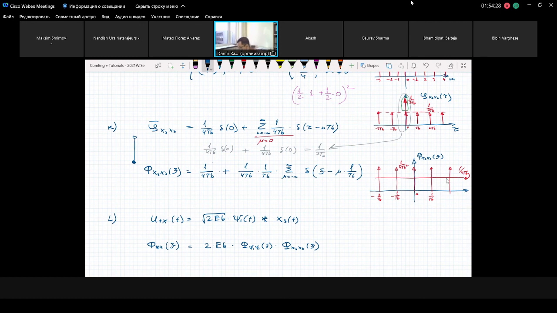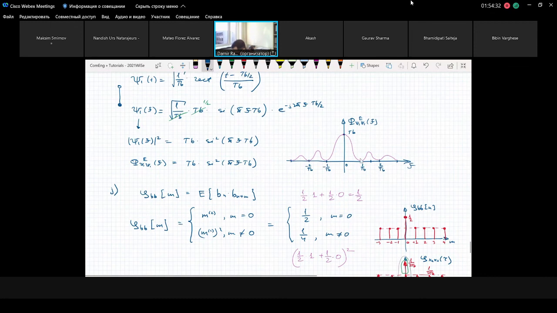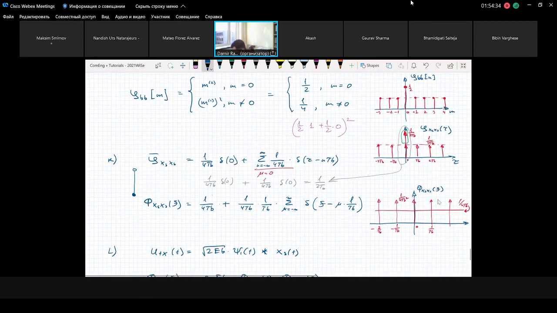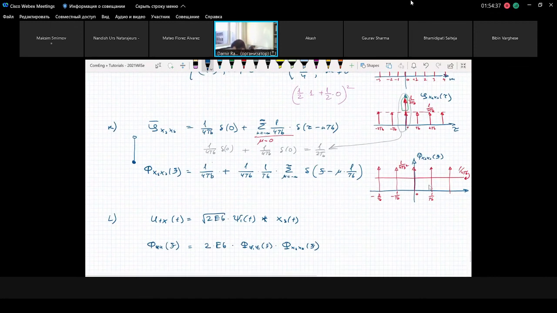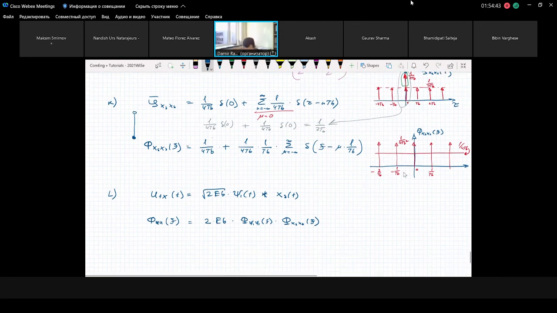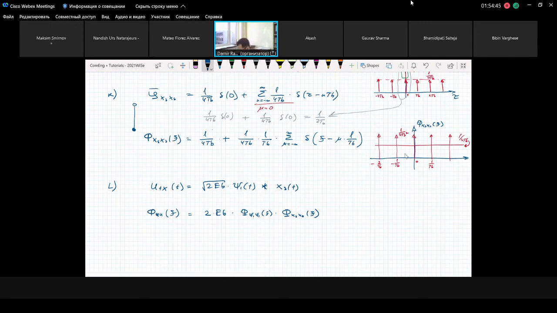Now we just need to calculate the product. We already know the energy spectral density, it's given above, and the power spectral density of x delta is also given here. You just need to combine these two parts. What you should keep in mind is that for the power spectral density we have two parts: a constant level and a sequence of delta pulses.